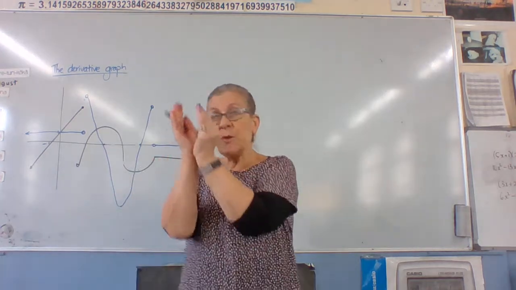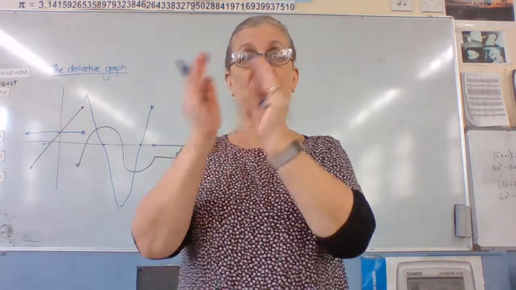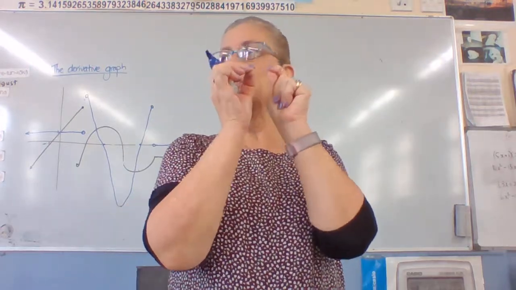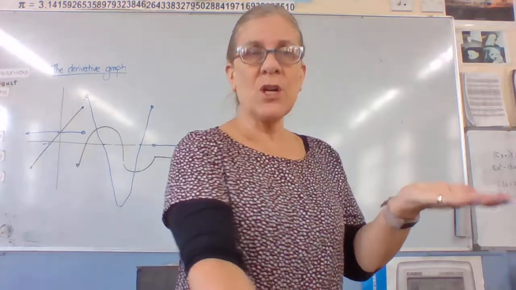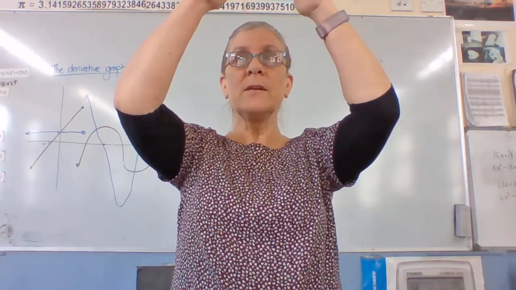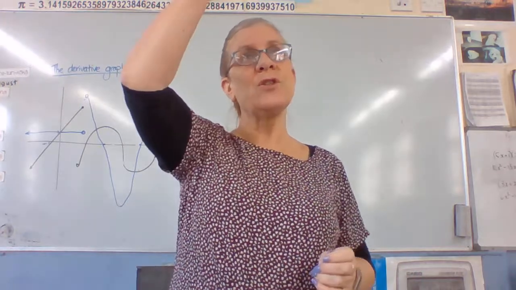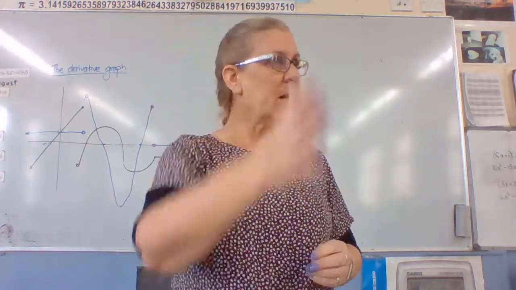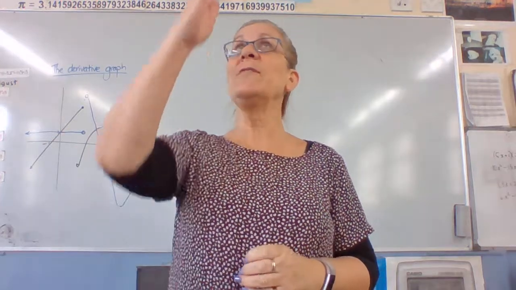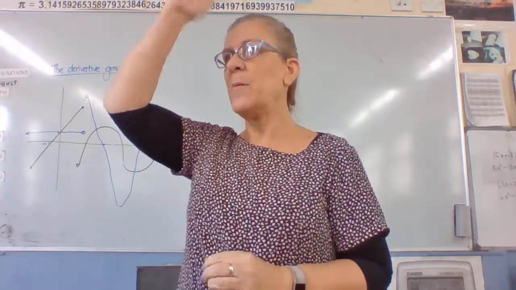So you're doing each bit in turn and deciphering each bit, but the pieces you need to address are the bits where they join up. If you have an asymptote, you're going to get steep, steep gradients. So you're going to have an asymptote in your derivative graph as well, aren't you? Because you're getting really close to infinity gradient, but you'll never get there.